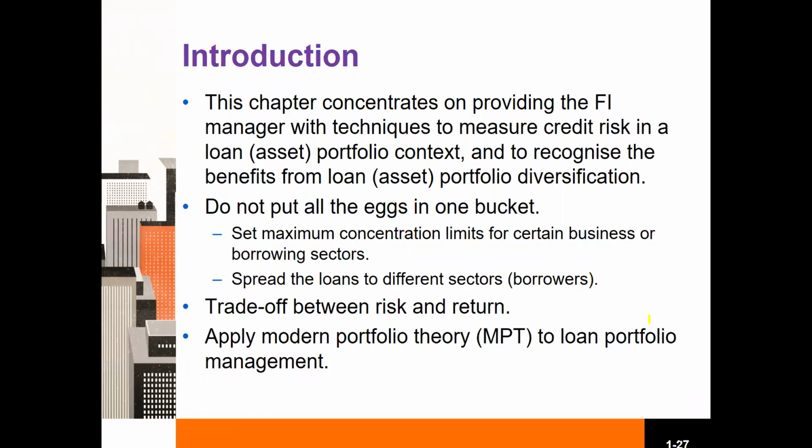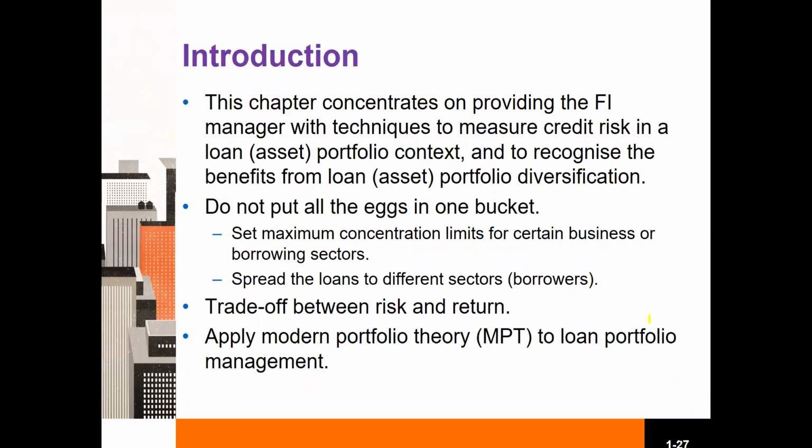Rather, that loan's contribution to the overall riskiness of the portfolio is important, because the different loans in a portfolio may be negatively correlated or less than perfectly positively correlated. Therefore, there will be some offsetting feature.